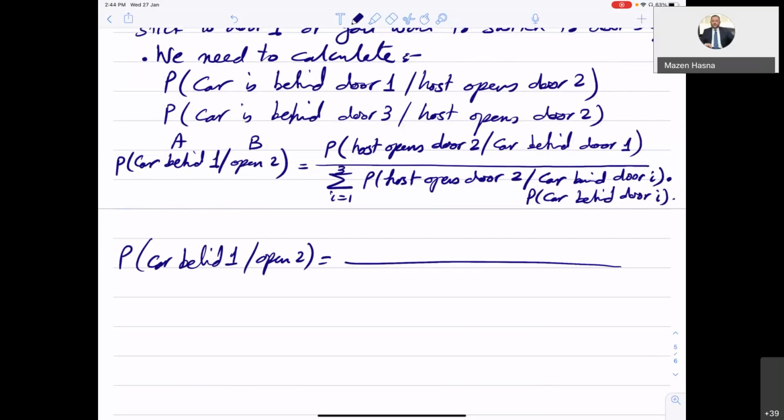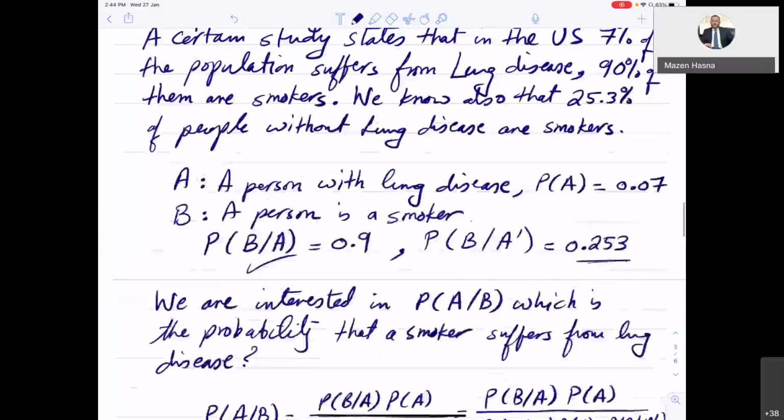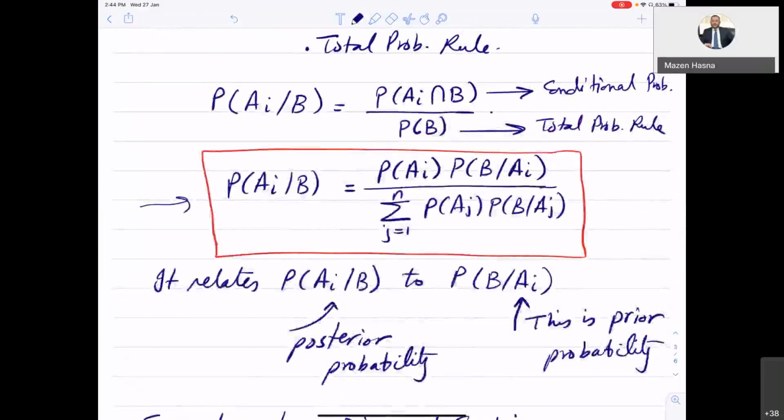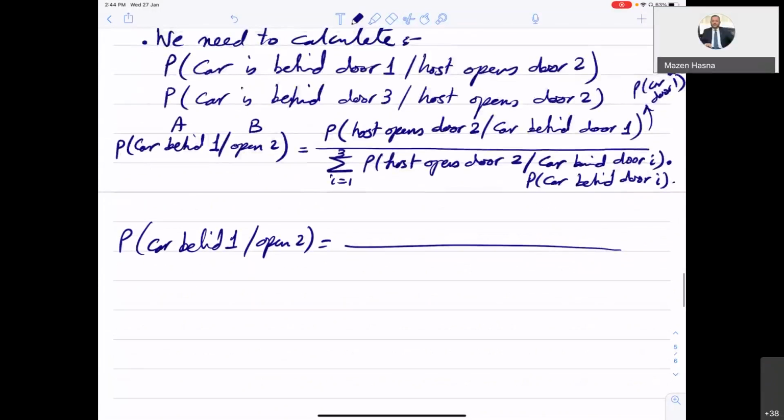I should have the probability of car 1, the probability of car behind door 1. See, the rule here says the probability of A given B is the probability of B given A times the probability of A. So what's the probability that the host will open door 2, given that the car is behind door 1?